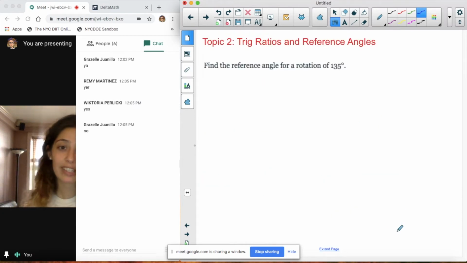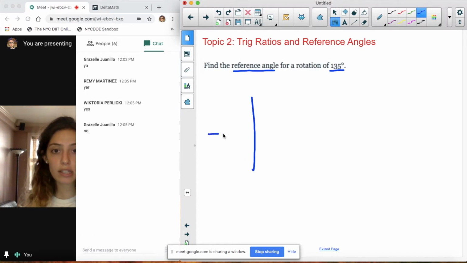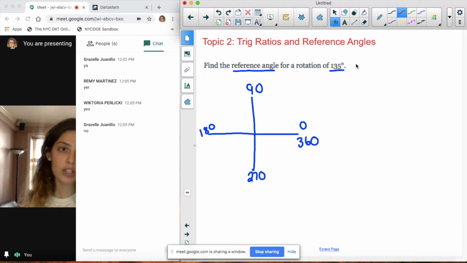Moving on, we'll practice finding a reference angle. So it says find the reference angle for the rotation of 135 degrees. So I do want to see where 135 is. So I like labeling the different degrees. So that's what I'm going to do. Now 135 degrees is somewhere here in quadrant 2, because it's between 90 and 180.